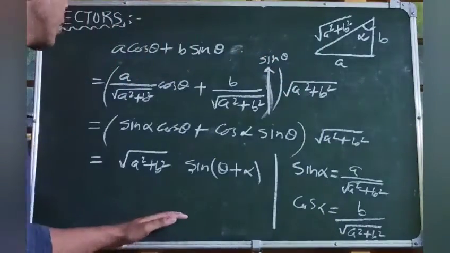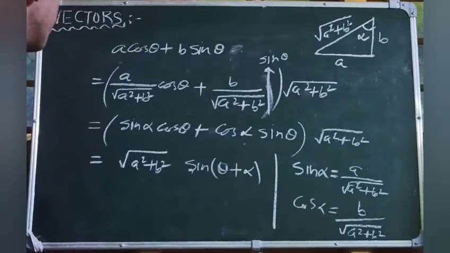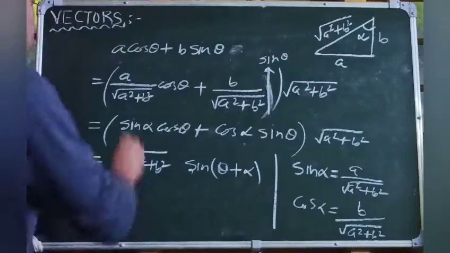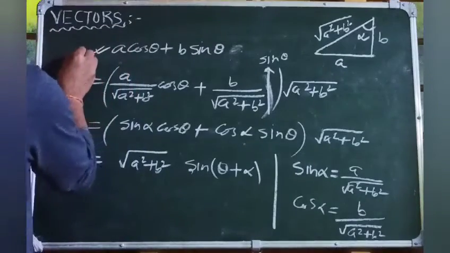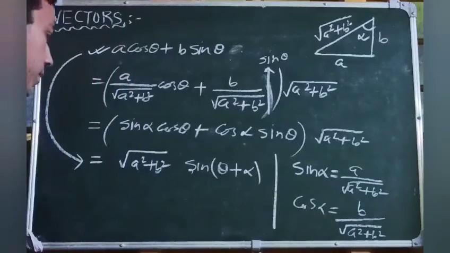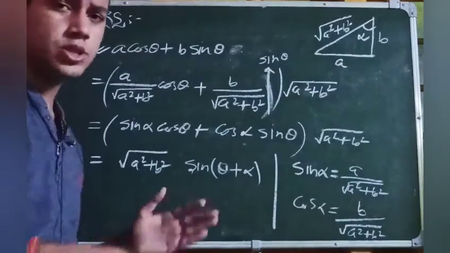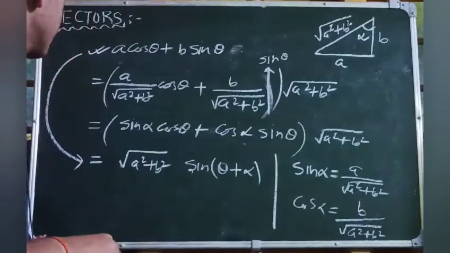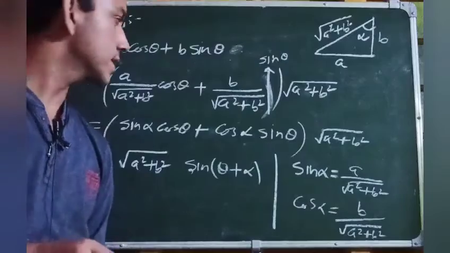This is an important derivation because when we see such an expression, we can directly convert it into this form, and it will be helpful in solving the problem further with some easy steps.